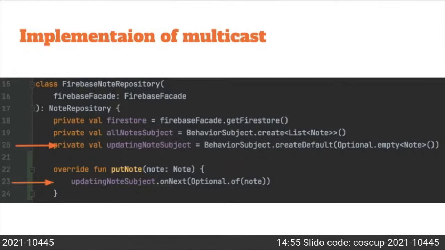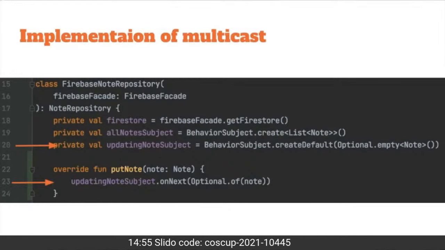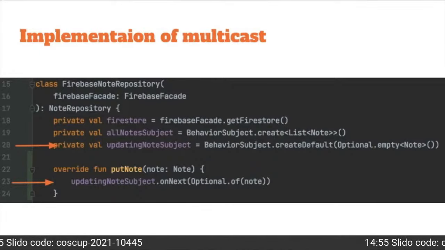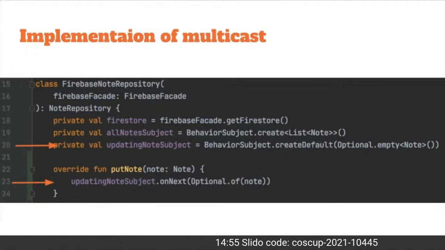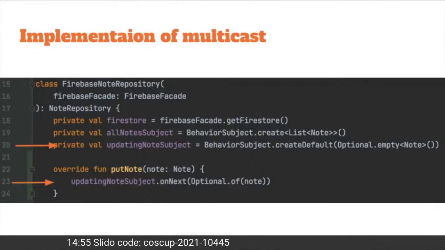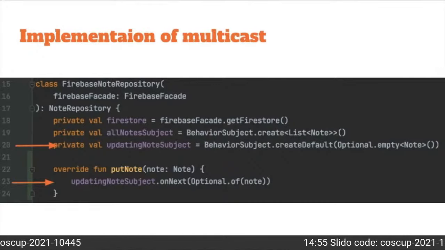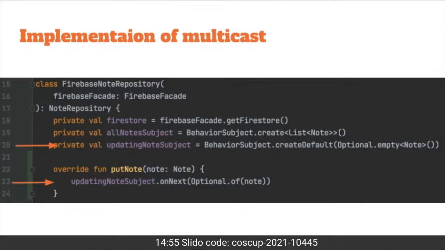One observer subscribed to the subject is to upload the latest event to Firebase, and it will go through debounce. And the second one, subscribing to the subject, is only for local to display the latest result, and the user experience will be better.